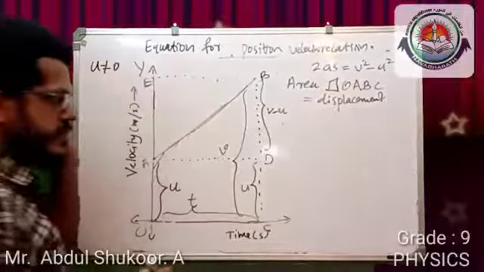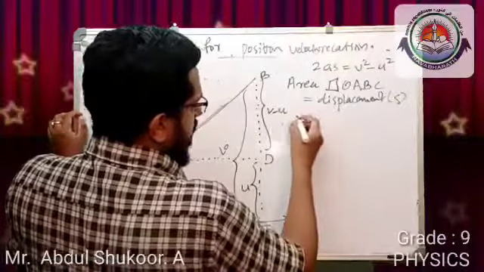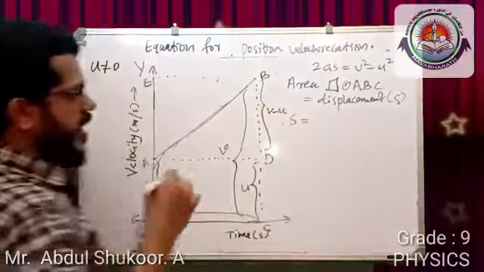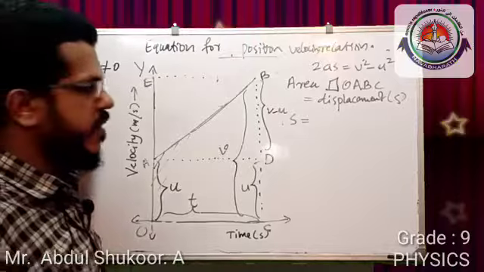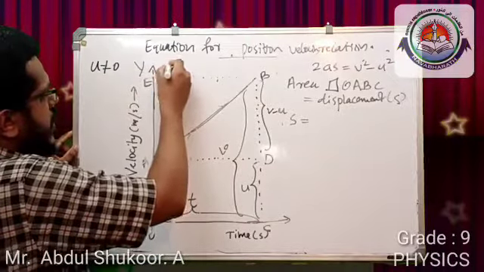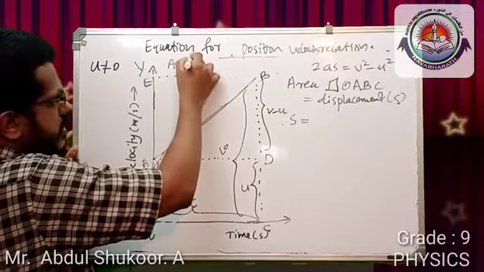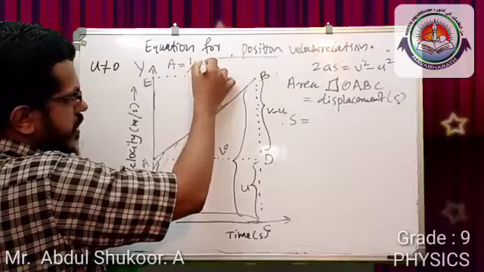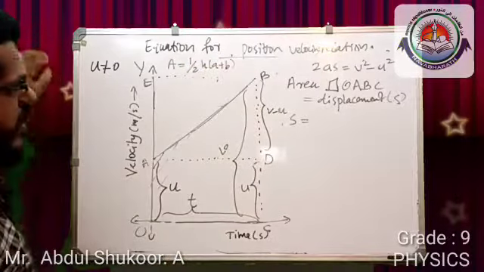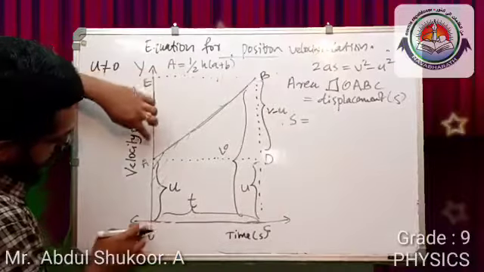Then what is the area of a trapezium? What is the equation of area of trapezium? We already learned that the area of a trapezium is half H into A plus B. Then what is A here?